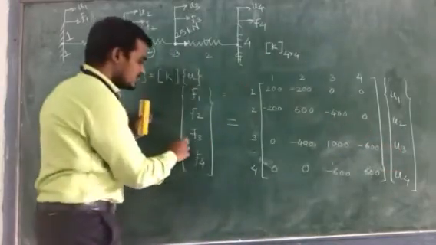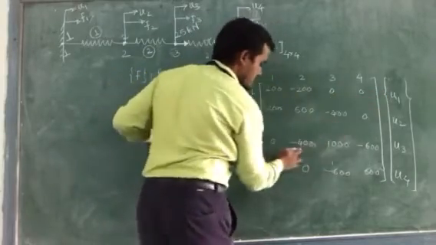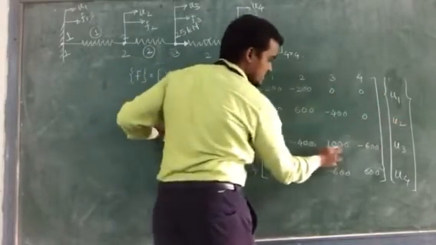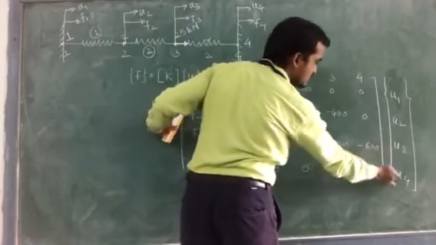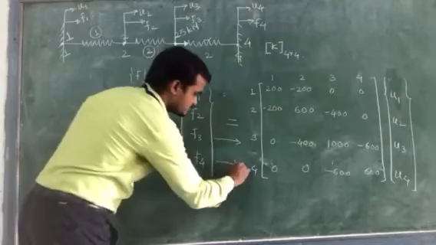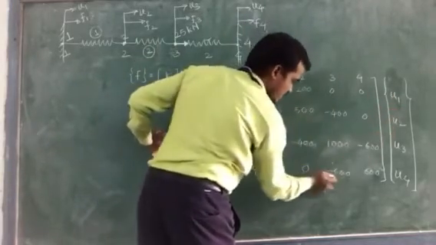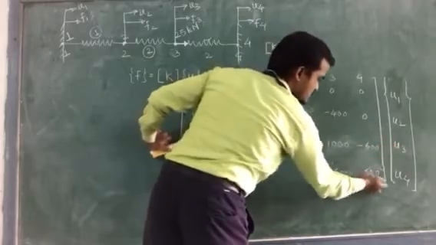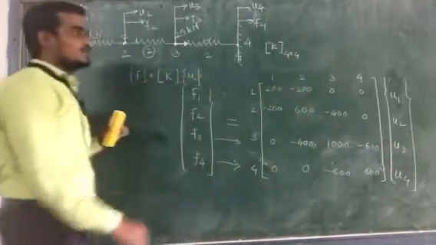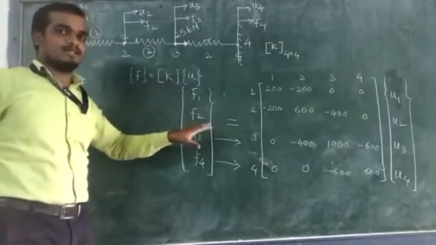Similarly, you will get F3 as 0 times U1, minus 400 times U2, plus 1000 times U3 and minus 600 times U4. Then finally, you will get F4 as 0 times U1 plus 0 times U2 minus 600 times U3 plus 600 times U4. So initially we will get these 4 equations.